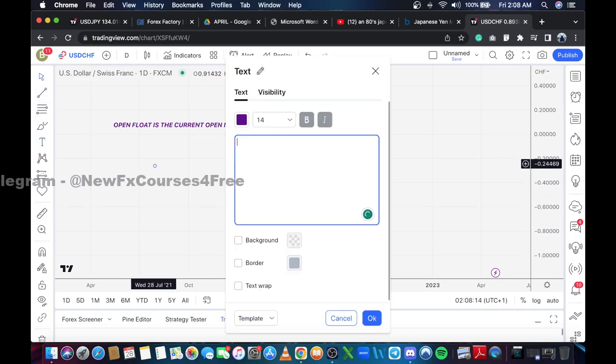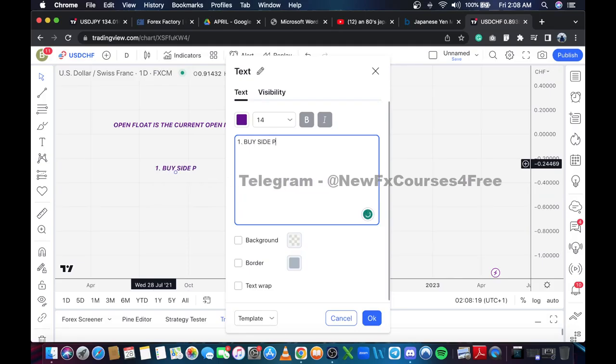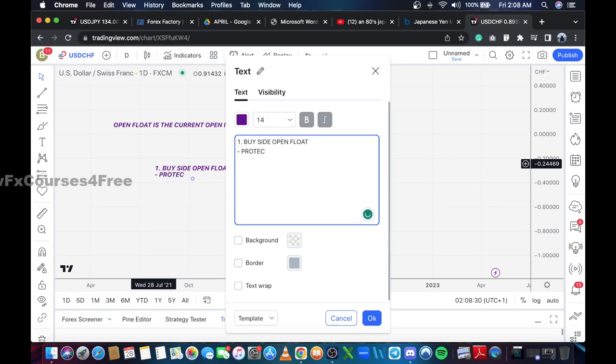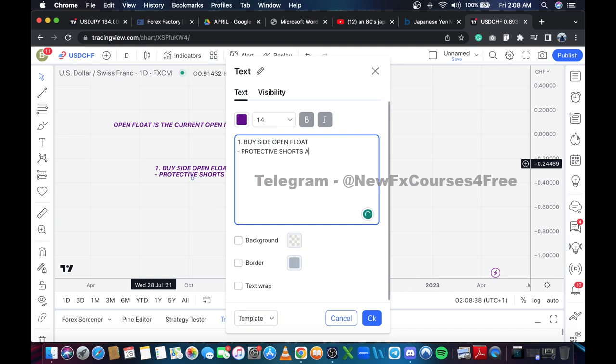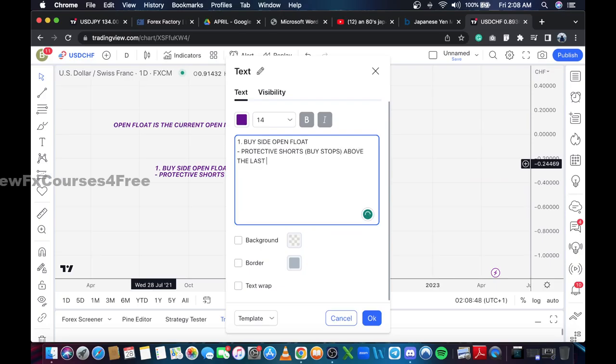So when we're talking about the buy side open float, we're talking about protected shorts in form of buy stops above the last bearish shift.